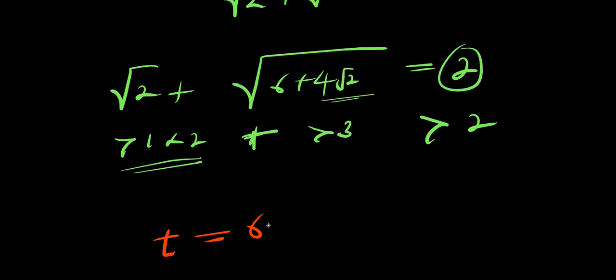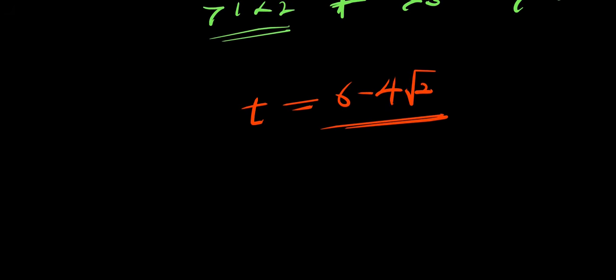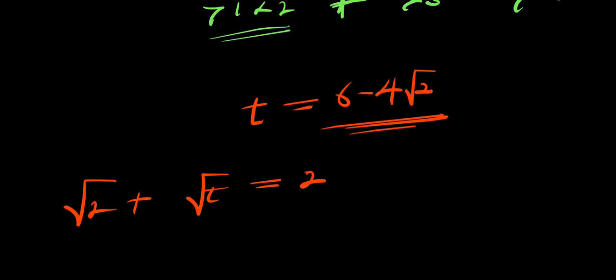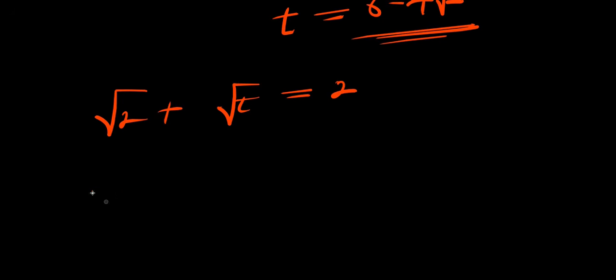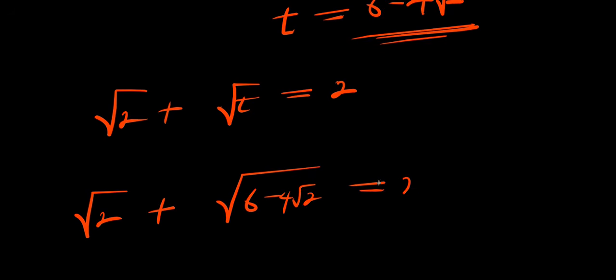We have t equals 6 minus 4 root 2. Let's make use of it. We have square root of 2 plus square root of t equals 2. Our t is this, so we have square root of 2 plus square root of 6 minus 4 root 2 equals 2?